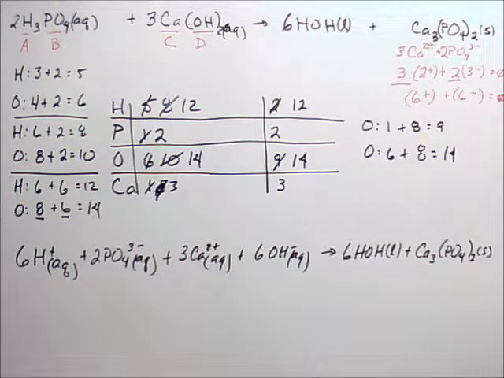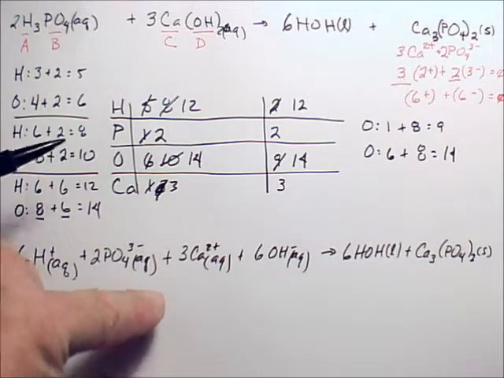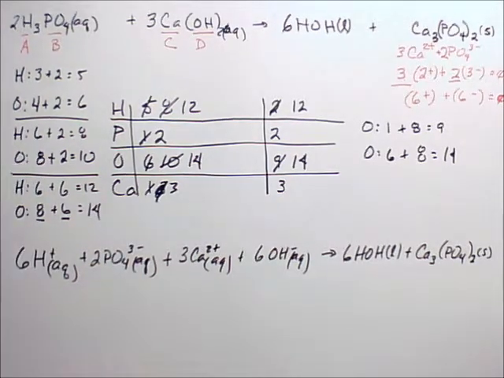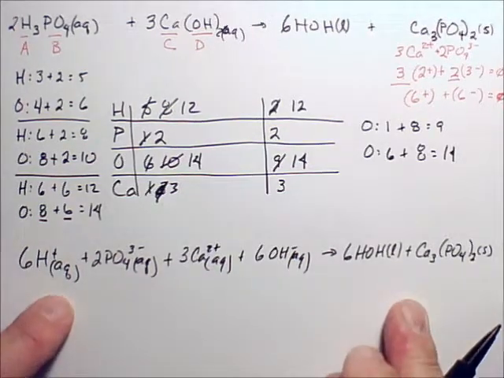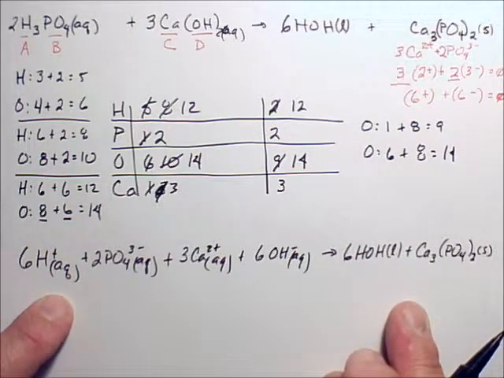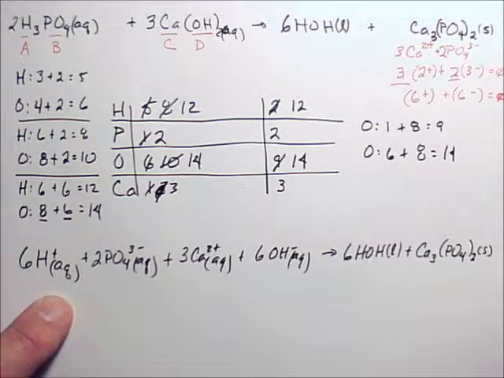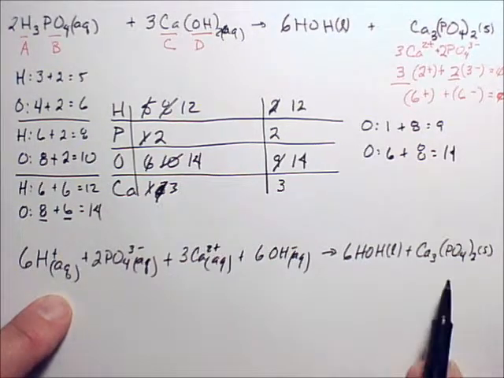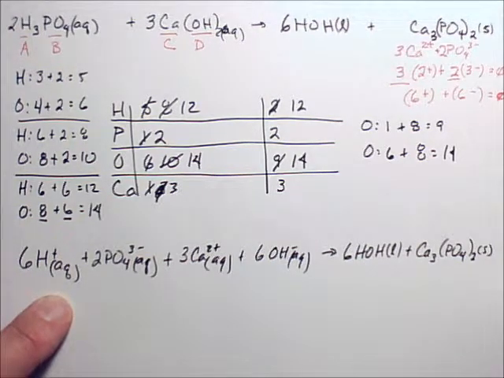Yeah, Dev? Well, hold on. I haven't quite finished here. Okay? So when you have a complete ionic equation, what are you supposed to do to find the net ionic equation? Cancel the spectators. Same thing you said in a different way. You cancel anything that's exactly the same on both sides. Well, there is nothing that's exactly the same on both sides.